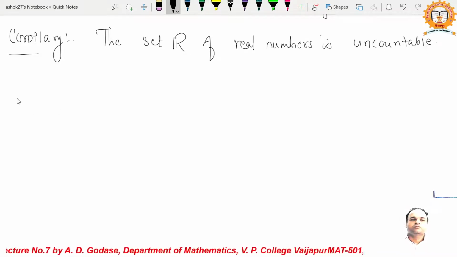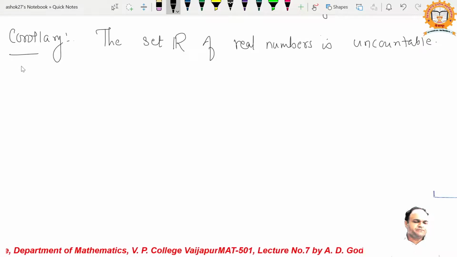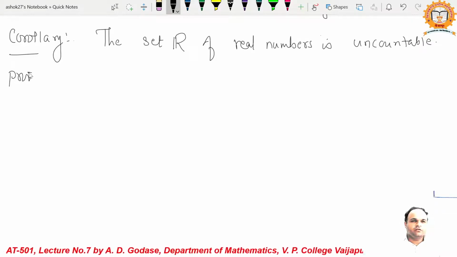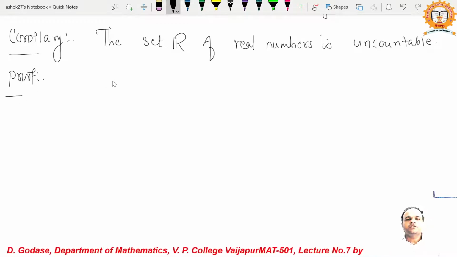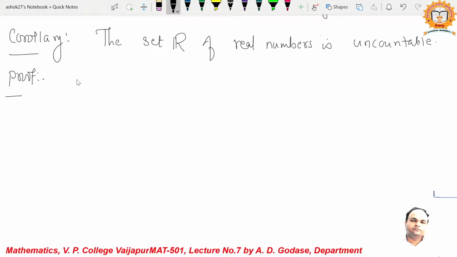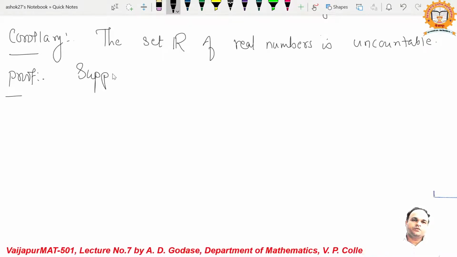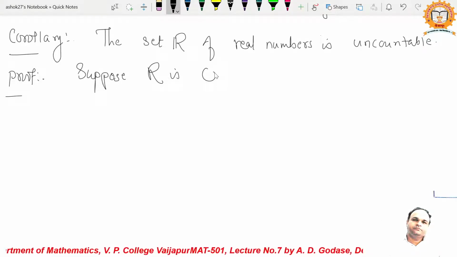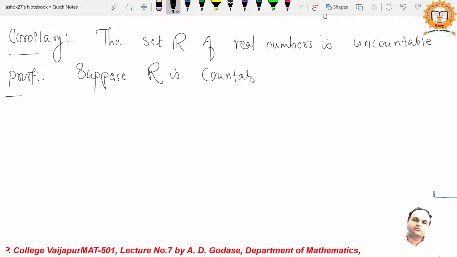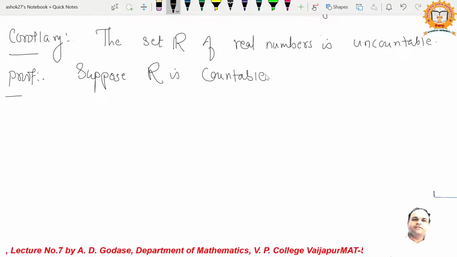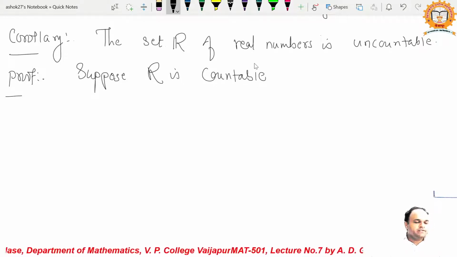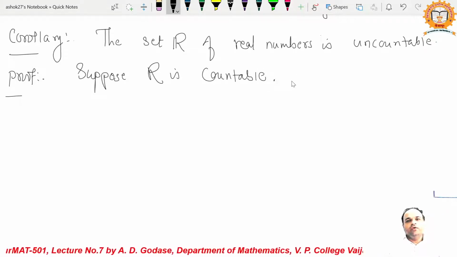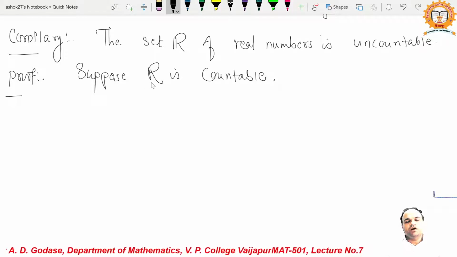See, so the proof is very simple. How will we prove this corollary? Suppose R is a countable set. Suppose R is countable, then what happens? If R is countable, then every infinite subset of R should be countable.